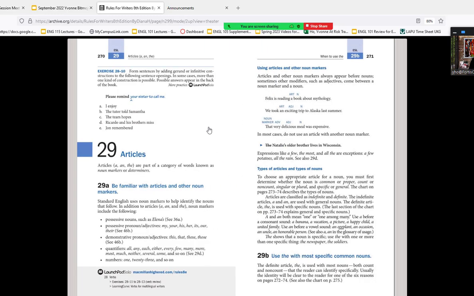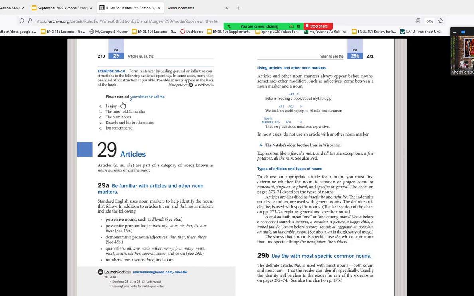So let's do this really short exercise. I enjoy playing the piano. And you cannot say, I enjoy to play the piano. So enjoy only takes a gerund. The tutor told Samantha to wash her hands before she eats dinner. And so that kind of verb, in which you tell someone to do something, takes an infinitive.